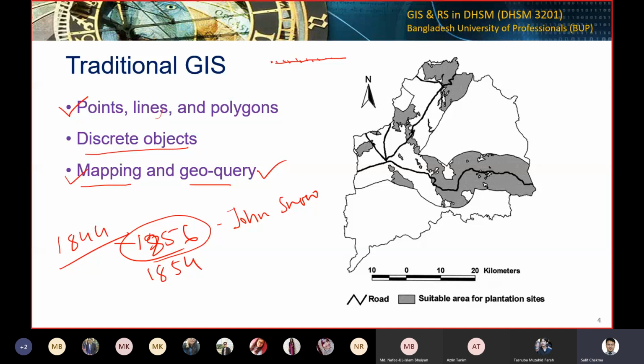Using his study, people were able to identify the wells contaminated by the cholera virus, and those wells were sealed. People stopped using them, and eventually got better by using only water that was not contaminated. So John Snow did the analysis, and the Frenchman did only the mapping. That's why this is only cartography.